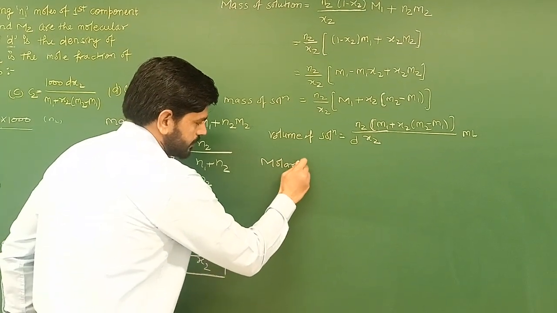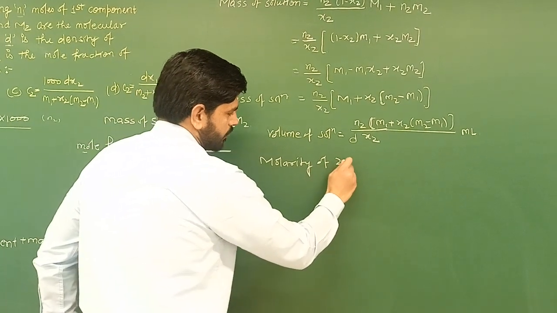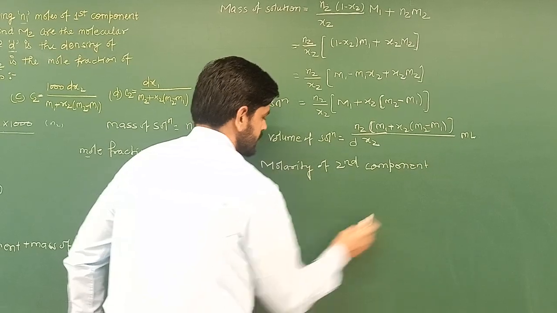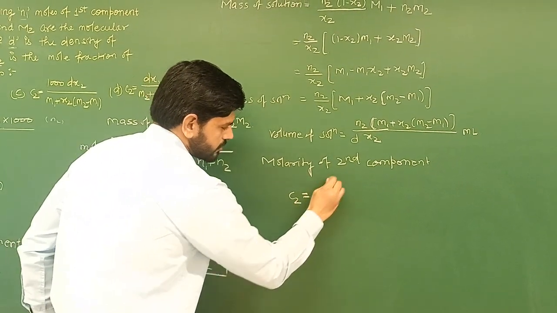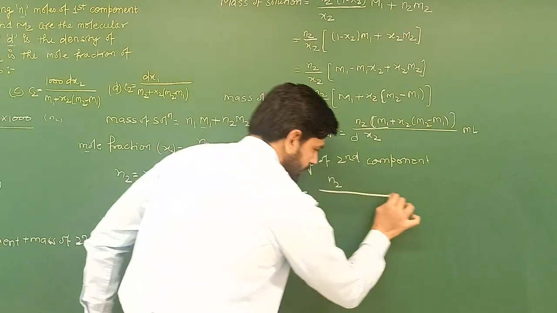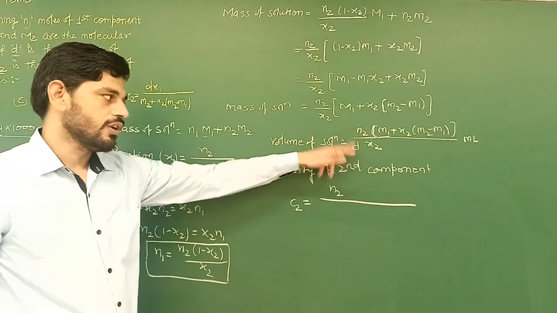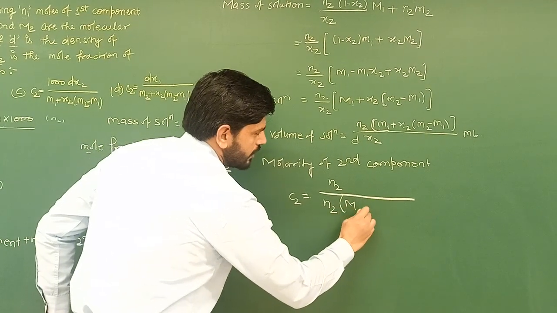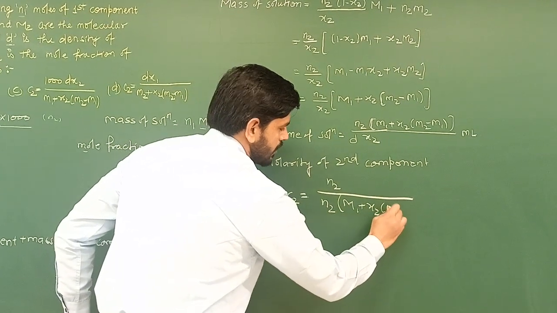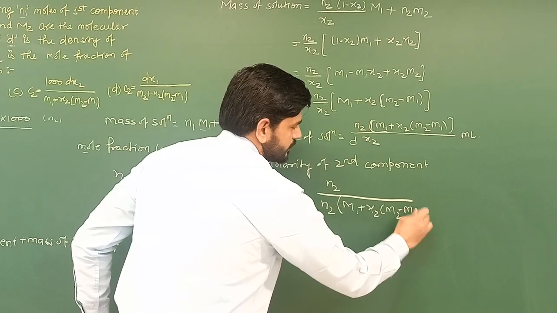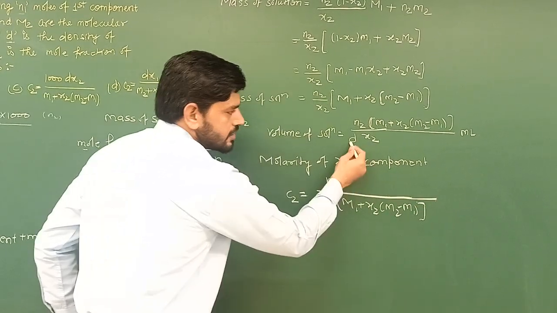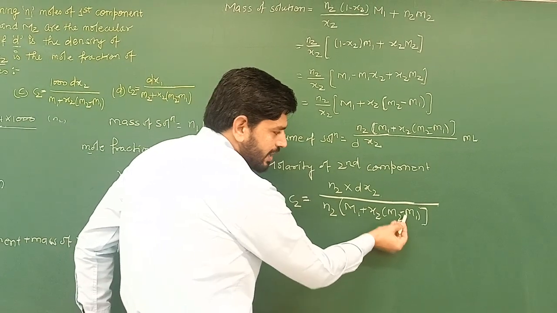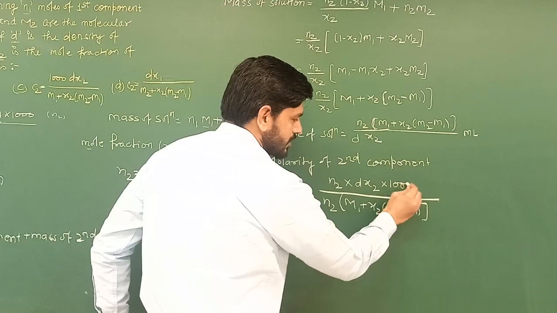Therefore molarity of the second component, that is C2, is equal to number of moles. What is the number of moles of the second component? That is N2, divided by the volume of the solution, that is N2 into M1 plus X2 into M2 minus M1, and now this D into X2 is in the numerator, and since the volume is in ml, this should be multiplied by 1000.